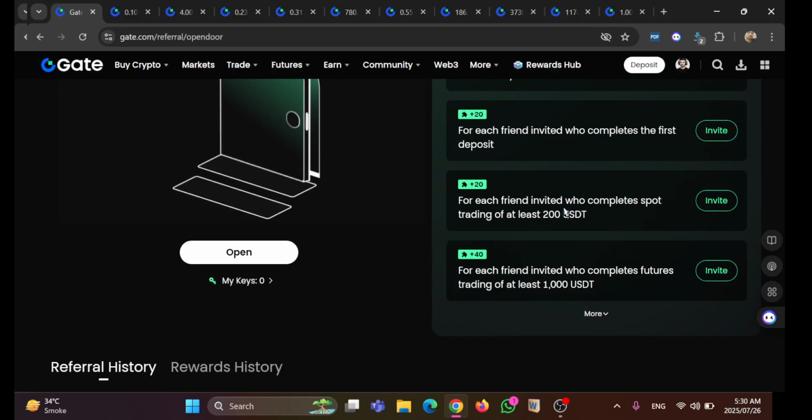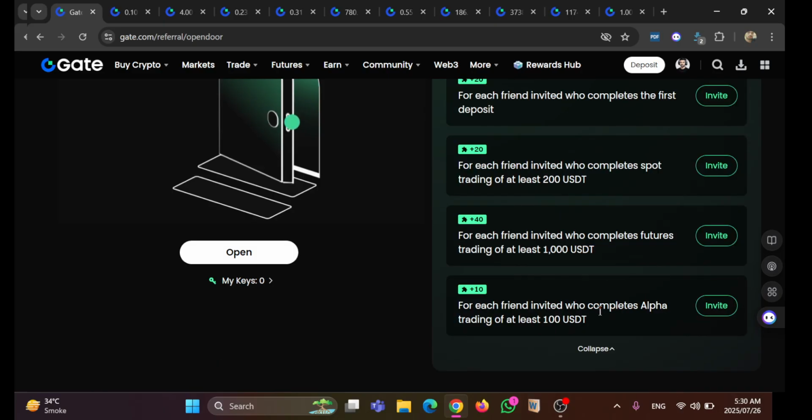For each friend invited who completes spot trading of at least 200 USDT, you will get 20 pieces, and for each friend who completes futures trading of at least 1000 USDT, you will get 40 pieces. For each friend who completes alpha trading of at least 100 USDT, you will get 10 pieces.